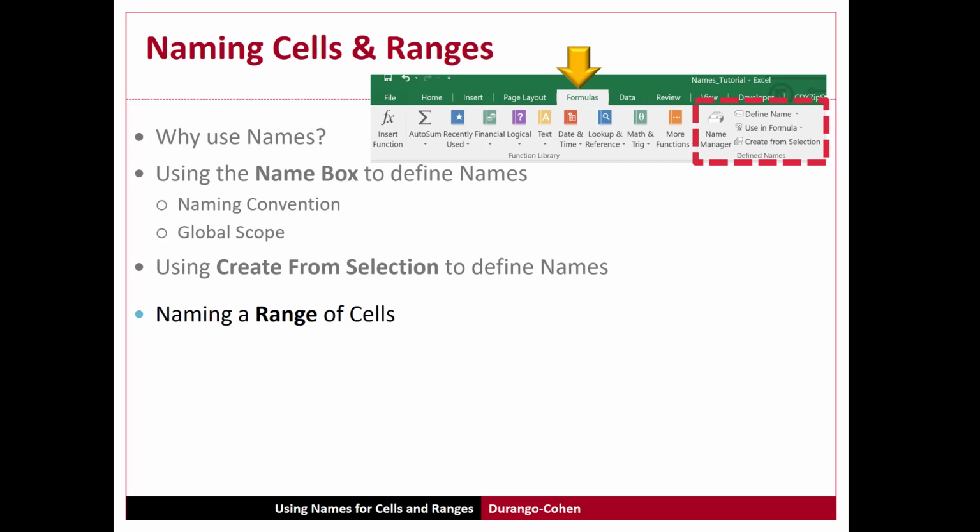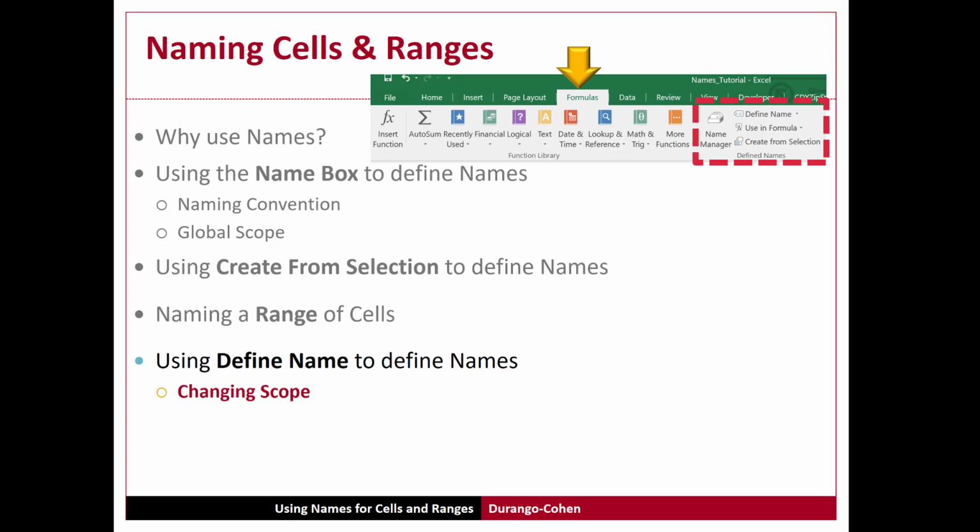The next thing I'll talk about is how to name a range of cells as opposed to an individual cell, and how this is useful in terms of copying and pasting formulas that run across a set of columns or rows.